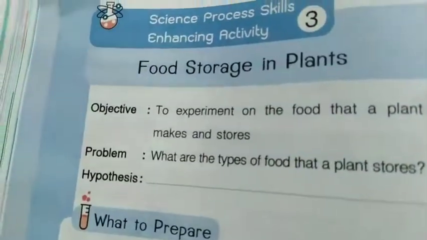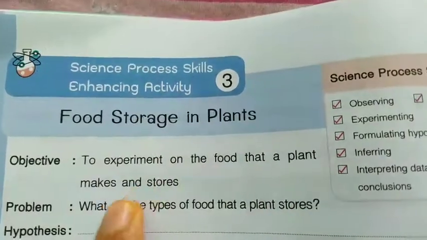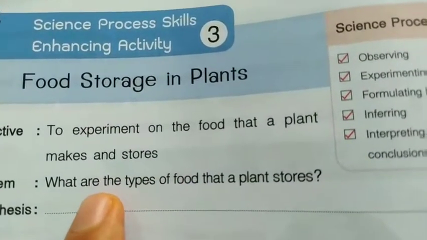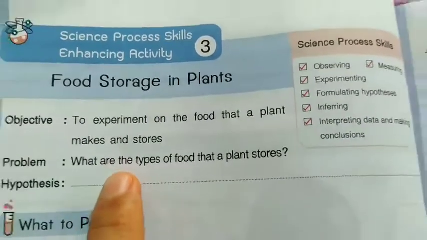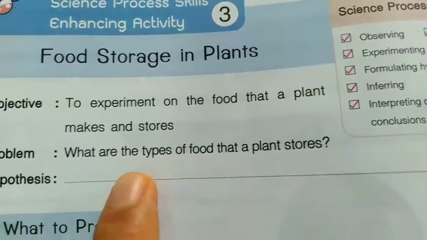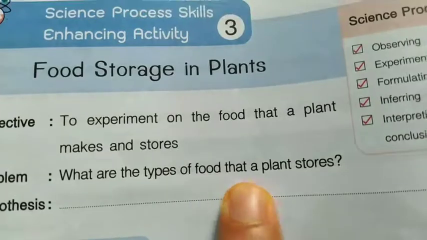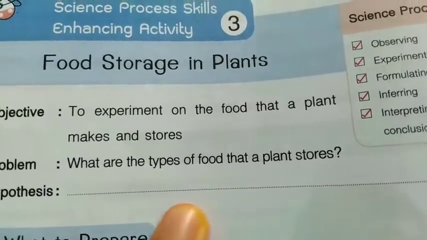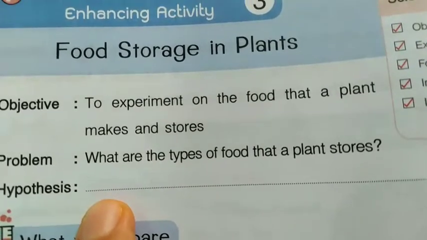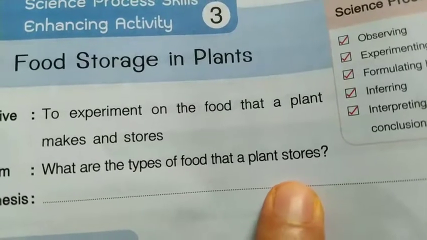The objective of this experiment is for the plants to store food, and answering this question, what are the types of food that a plant stores? The hypothesis should usually be negative or null: there are no types of food that a plant stores.